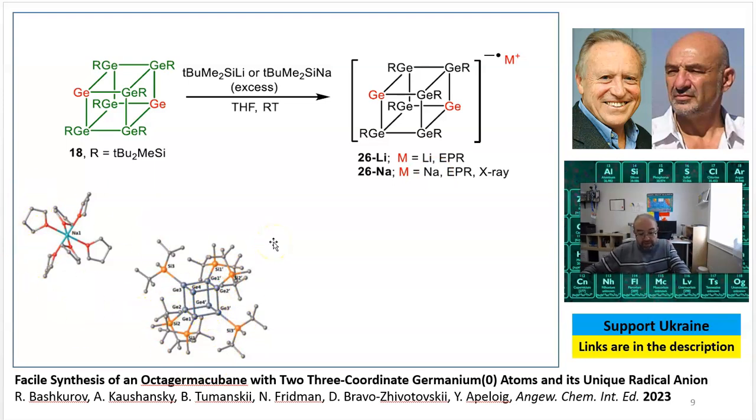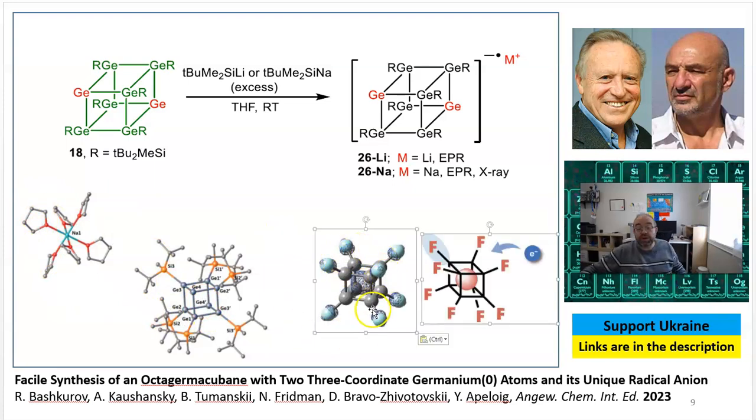Now remember the molecule of the year 2022? There was also a cubic molecule made of carbons with fluorines on the periphery. When you reduce it with one electron, the electron forms a cubic electron density inside the cube. How the electron looks here.